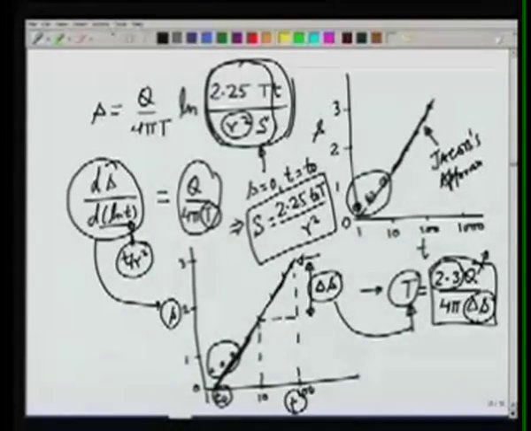For s to be 0, the term here for the argument of natural log should be equal to 1, and therefore S will be obtained as 2.25 T t naught over r square, where T already we have obtained from here. So in this way, both T and S can be estimated from the drawdown data from an observation well.